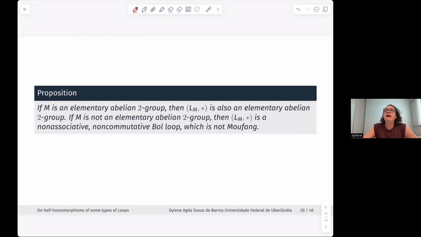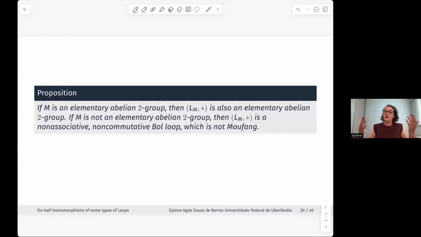Just to say, this whole story began when, using GAP, we found in a GAP library a Bol loop of order 12, and we found, I mean, the code is simple, but it's not so easy to run, we discovered a proper half-automorphism of that loop.